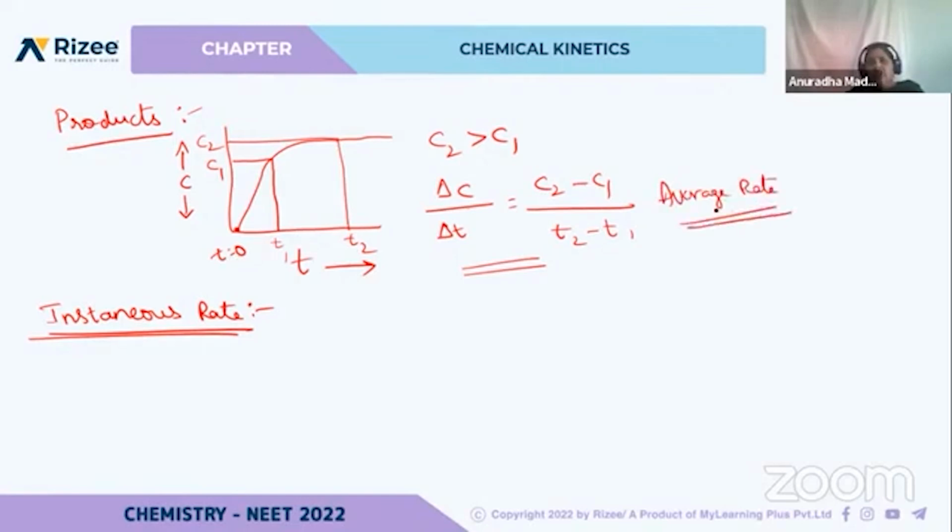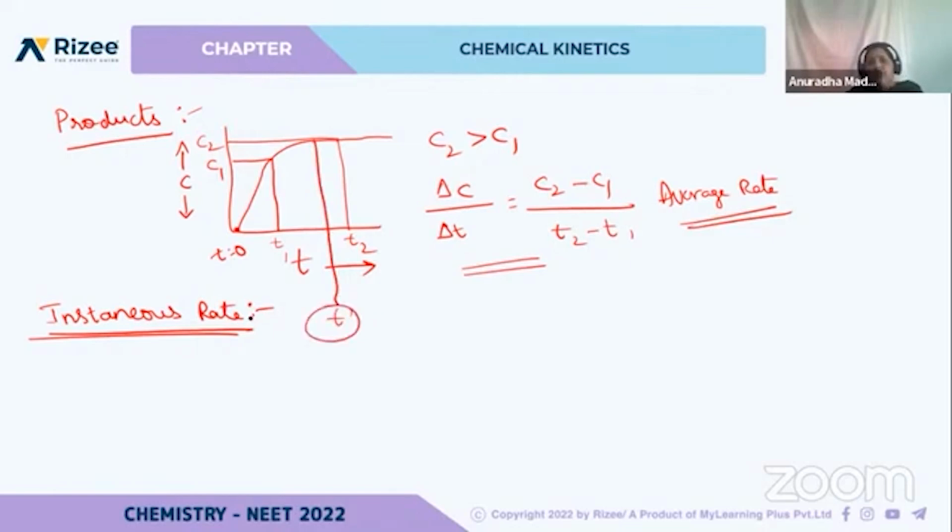If we calculate the rate of reaction in between two time intervals, that is the average rate. But if we are calculating the rate of reaction at a particular time, with no interval, let's take this time.